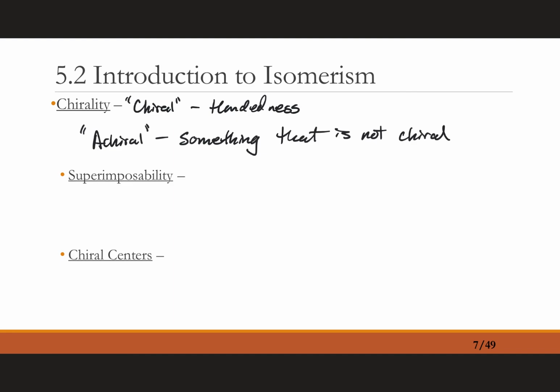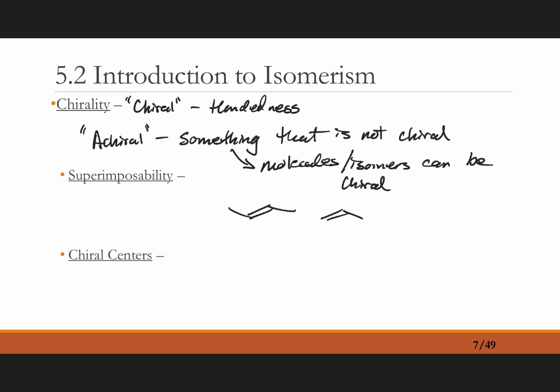And the molecules that have three-dimensional different arrangements of atoms in space will be themselves chiral most of the time. So if I'm going to add something here, molecules or isomers can be chiral. I wouldn't talk about the double bonds, the cis or trans, as being chiral because they're not what we would call mirror images of each other.